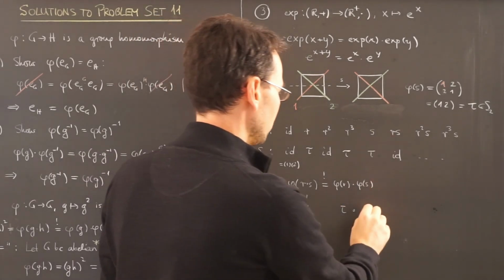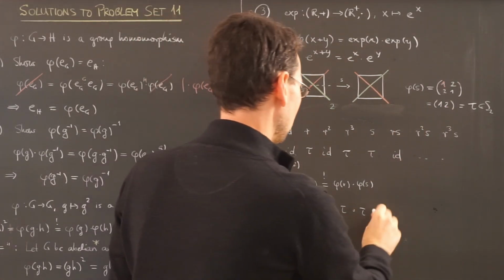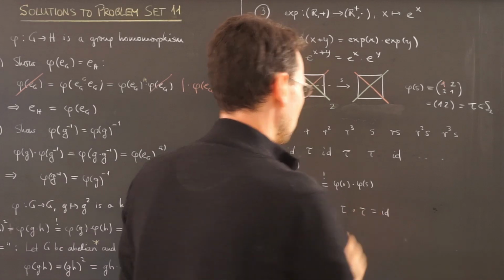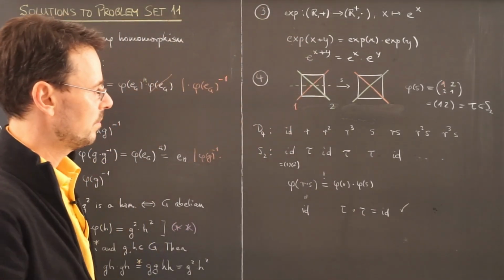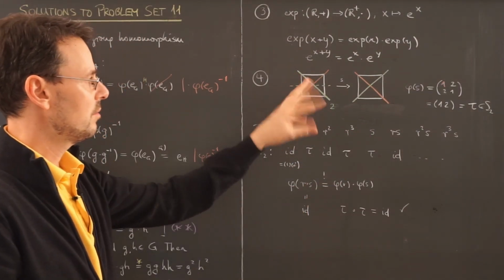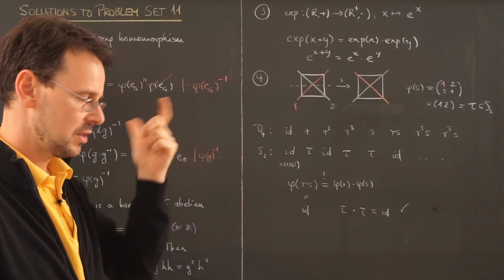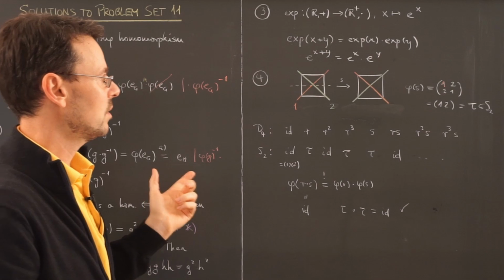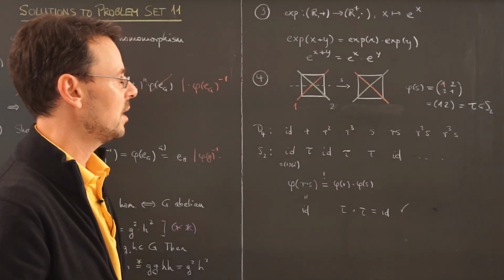Phi of S also is tau, but tau is a transposition, so tau squared again is the identity, and so on. So you can think this through or simply say, well, for geometrical reasons this is somehow clear that this holds.